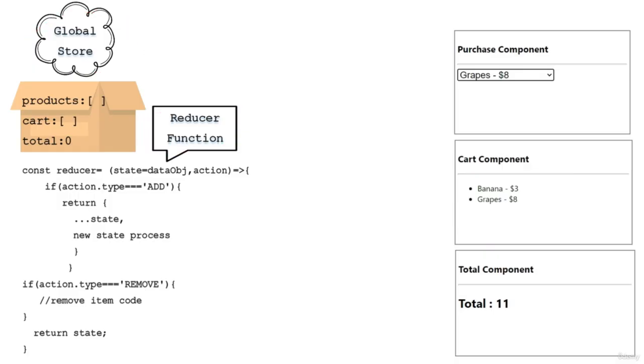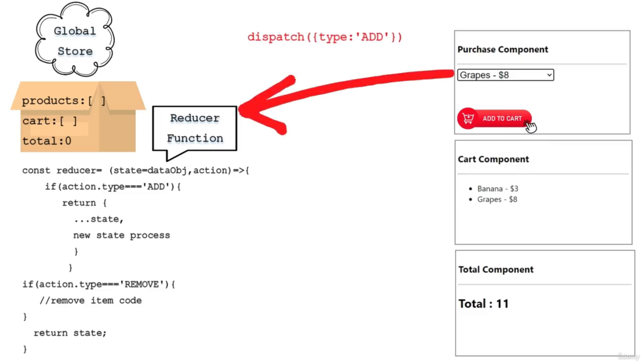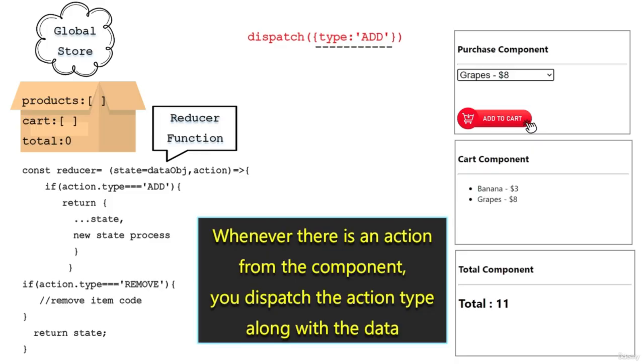In Redux, whenever there is an event, let's say here you have the add to cart button, and when the user clicks, it should dispatch the action to the reducer. Now if you see this dispatch, there is an object literal in the dispatch method. Whenever there is an action from the component, you dispatch the action type, and you may also have some data.